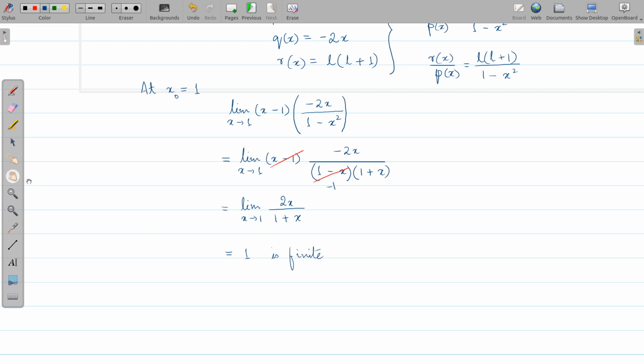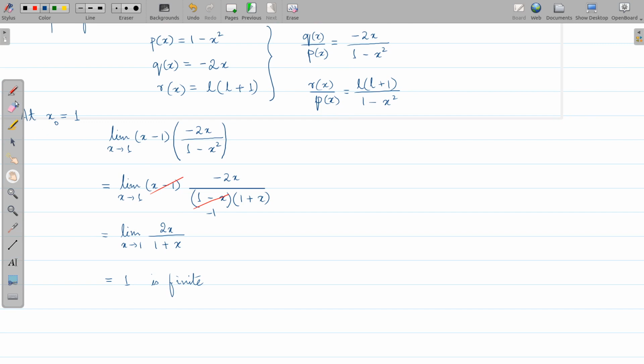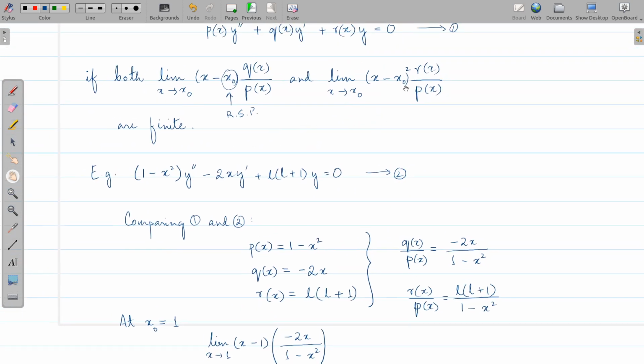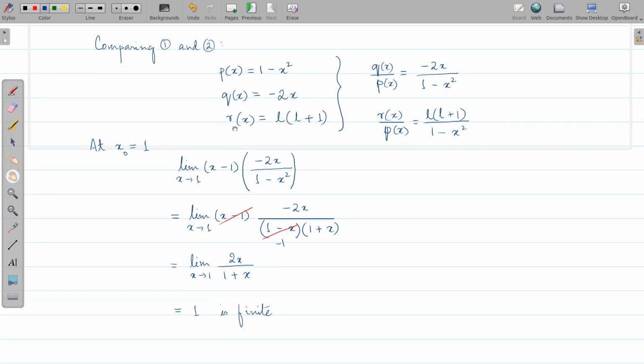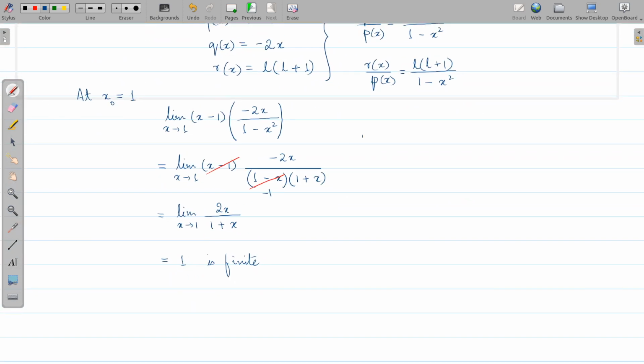Likewise, we also have to evaluate this quantity. I'll leave it to you as homework to verify the same for x naught equals minus 1.